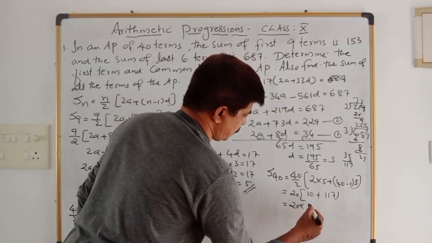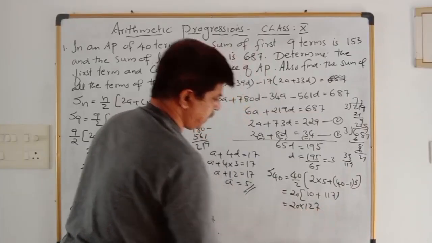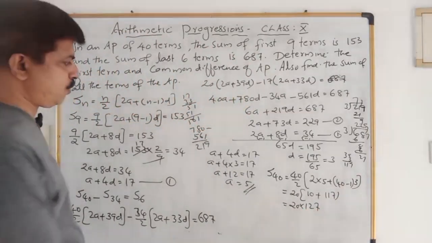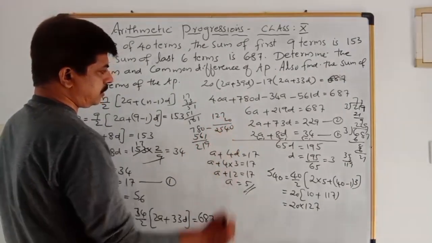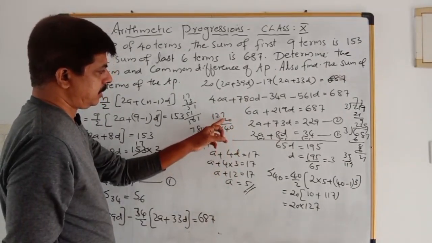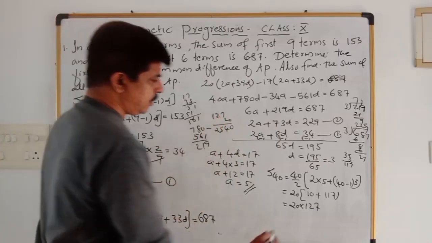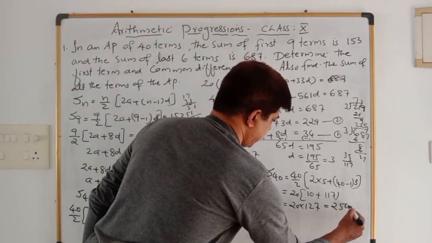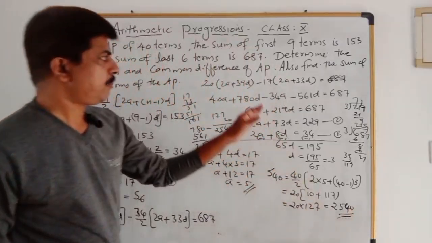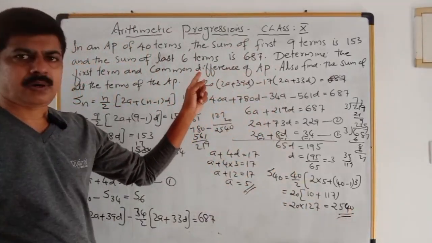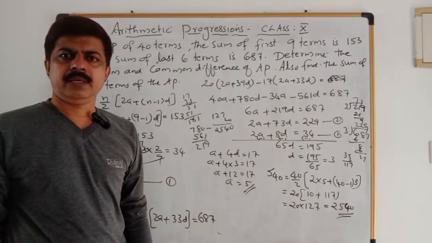So 20 into 127. We multiply 20 into 127 and we got the answer 2540. 2540 is the sum of all the terms of the given AP.